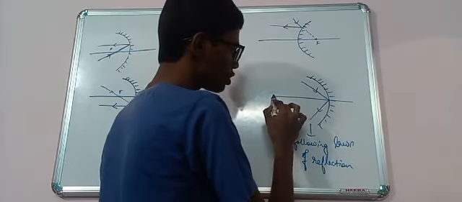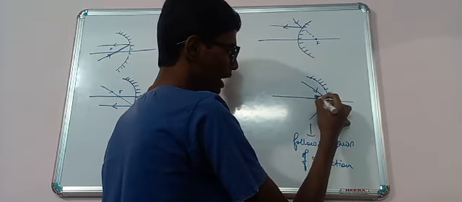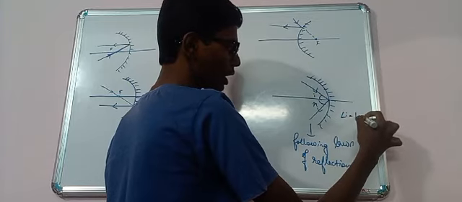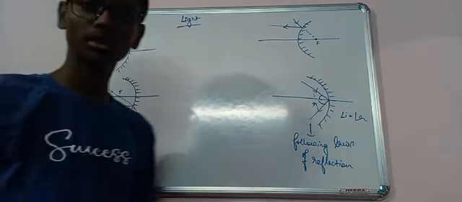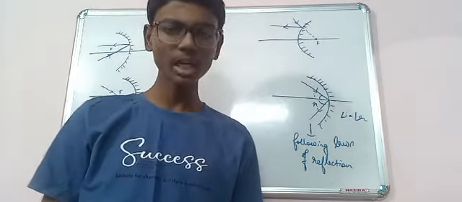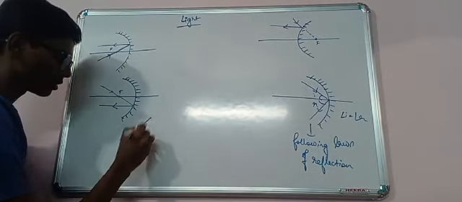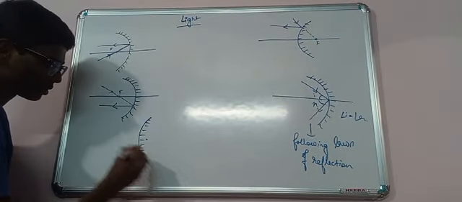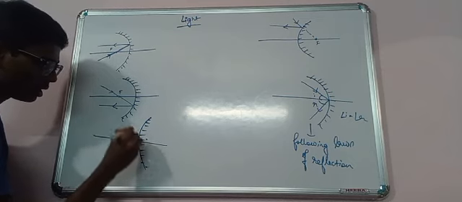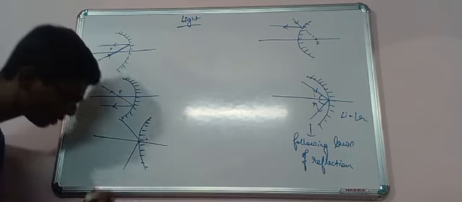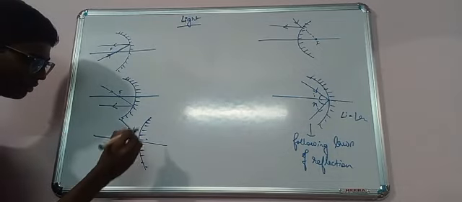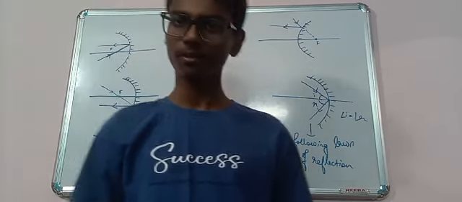Suppose this is your normal, then this is the angle of incidence, this is the angle of reflection. So angle i will be equal to angle r. And what in case of convex? It will not go to that side of the mirror. This is the pole, incident on the pole, reflecting by following the laws of reflection, like this. Okay?